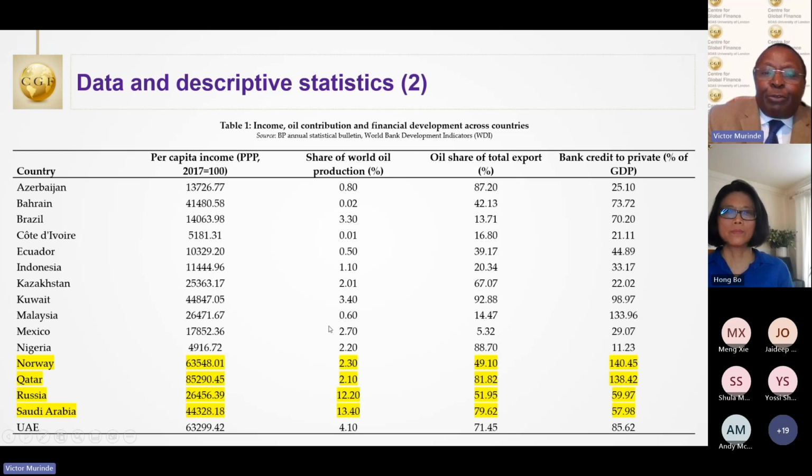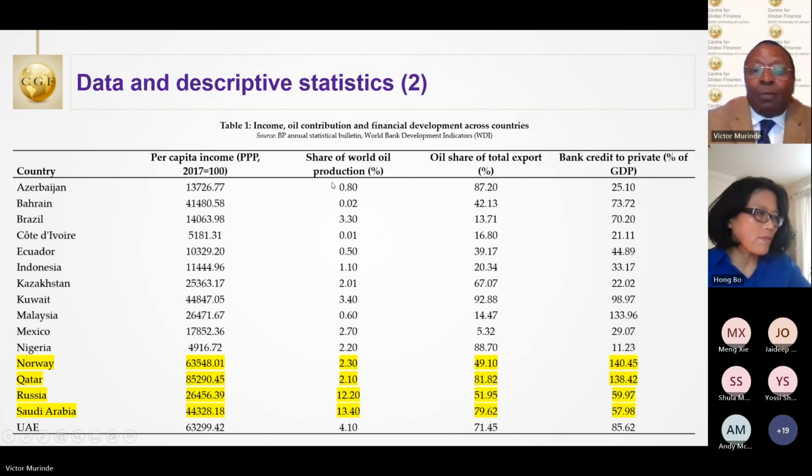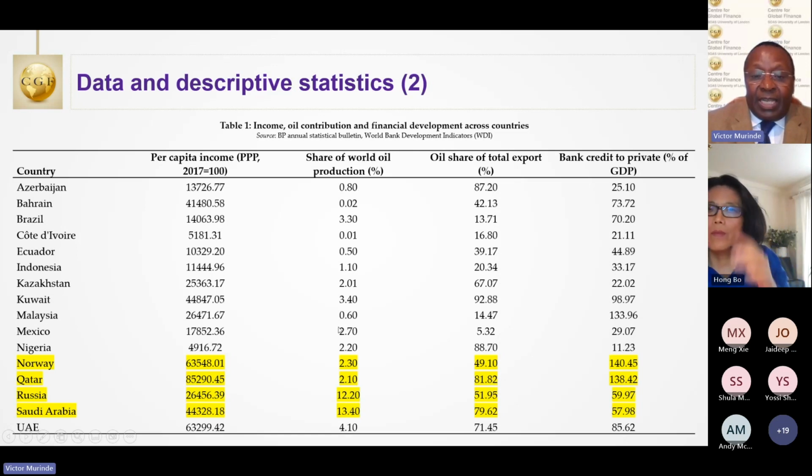If you look at this data, we have 16 countries in our sample, and we look at the share of world oil production in column 3. We see that the highest shares are by Russia, 12.2, and Saudi Arabia, 13.4.